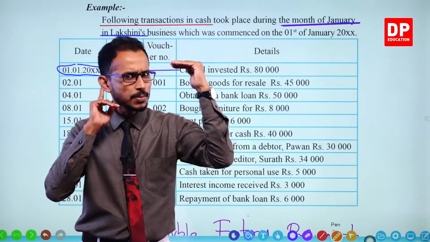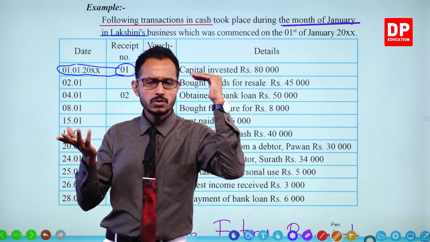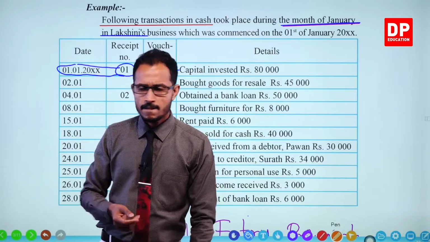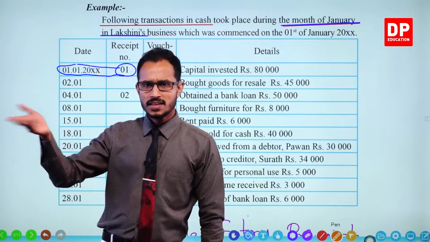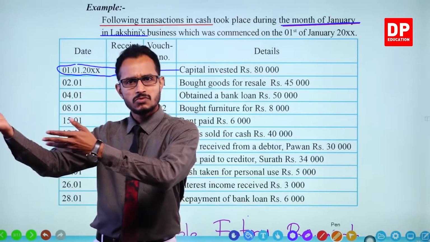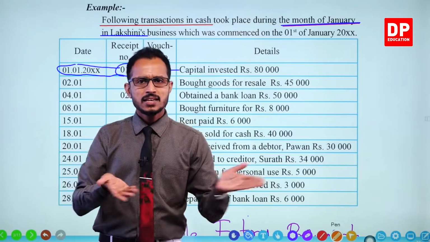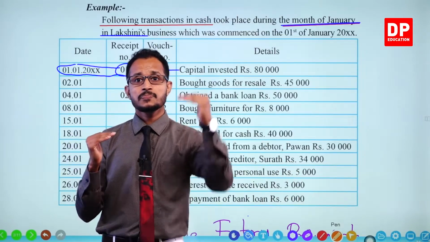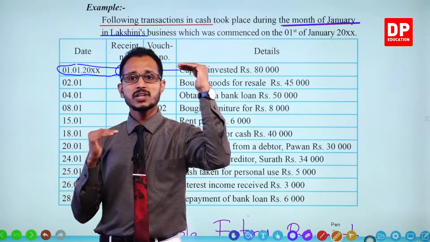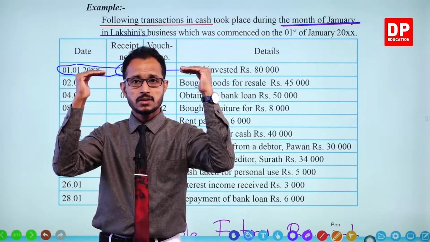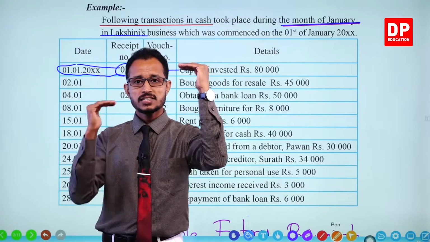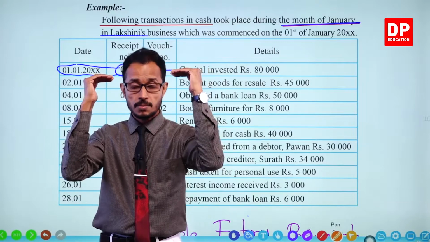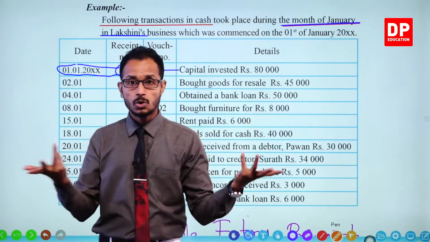What is decreasing? Capital? No. When the owner brings in cash or other assets, whatever the owner brings in should be added to capital. So there is no decrease there. Cash increases as well as capital increases. Capital of the owner means owner's equity, because the money is owner's money.